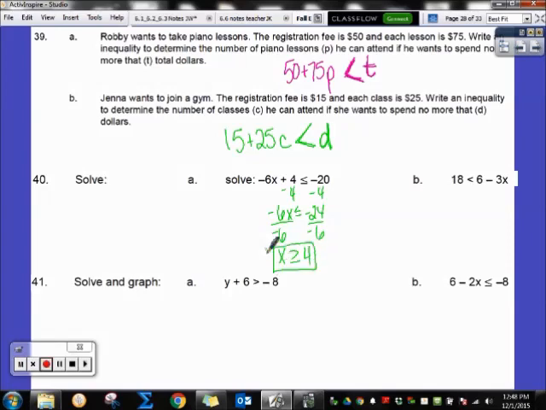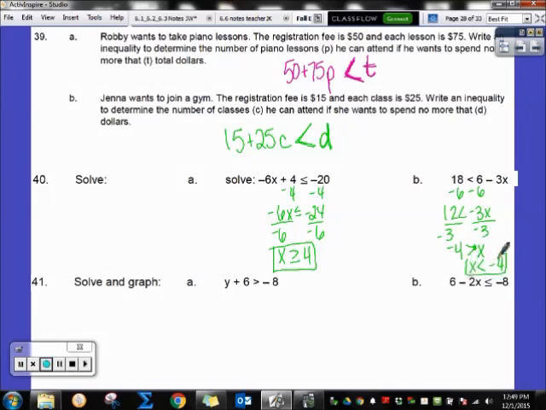And then for B, so -4, I have to flip my sign, and then x. Now be careful here because I flipped because I divided by a negative, but now I'm just going to rewrite. So I'm going to switch the x and the -4. My inequality is pointing towards my x, so I just need to make sure it's pointing towards my x whenever I rewrite.